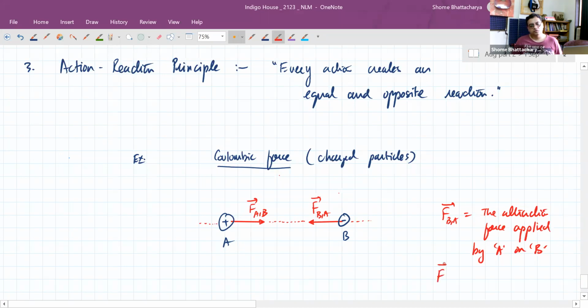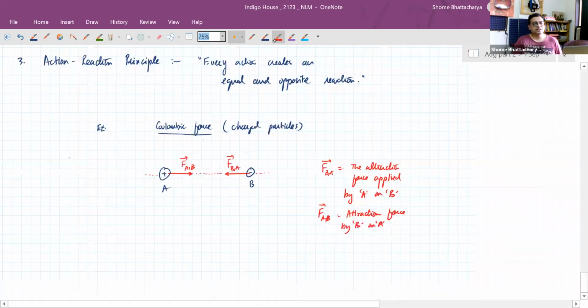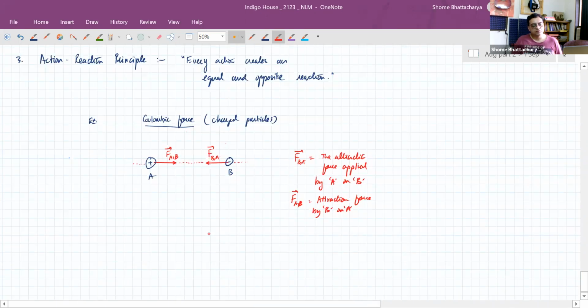So this one is now again an attraction force, but this is by B on A. Now it's an experimentally proven fact that the force applied by A on B is equal and opposite to the force applied by B on A.